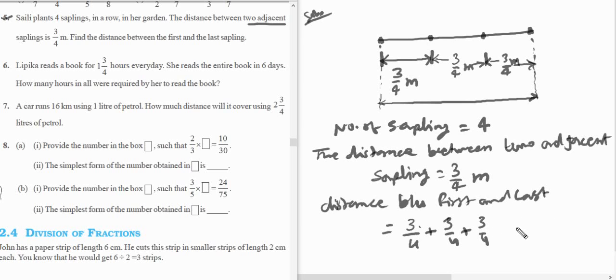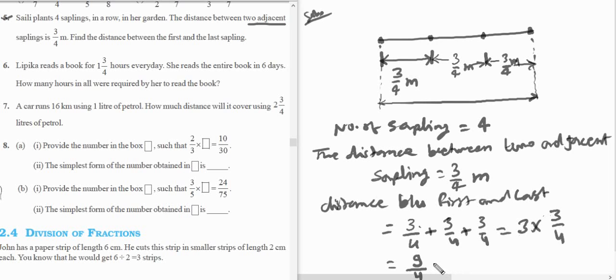Let us write it at the end. So this will be equal to 3 times 3 by 4, right, 1 times, 2 times, 3 times. So you can write 3 into 3 by 4, now multiply it, 3 into 3 will be 9 by 4, right.